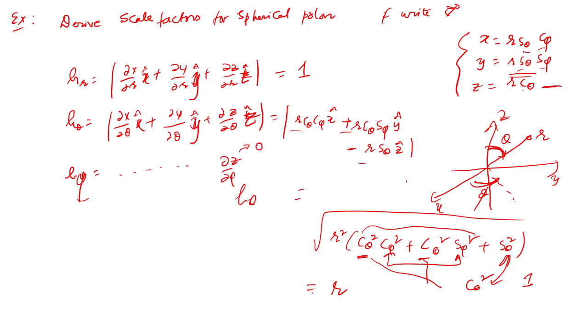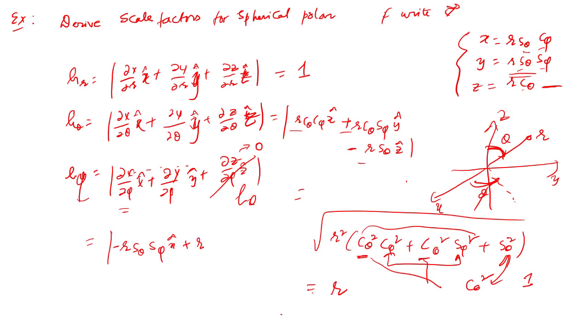So then we have only ∂x/∂phi along x and ∂y/∂phi along y, and this term is 0. ∂x/∂phi is simply minus r sine theta sine phi along x plus r sine theta cosine phi along y.